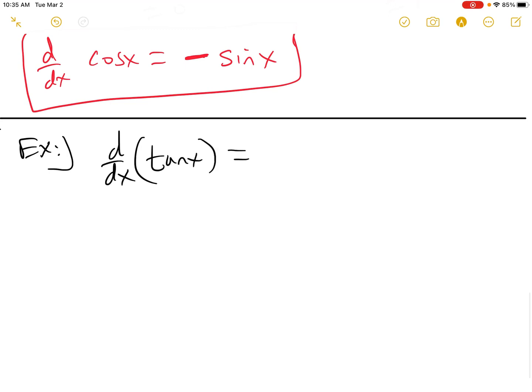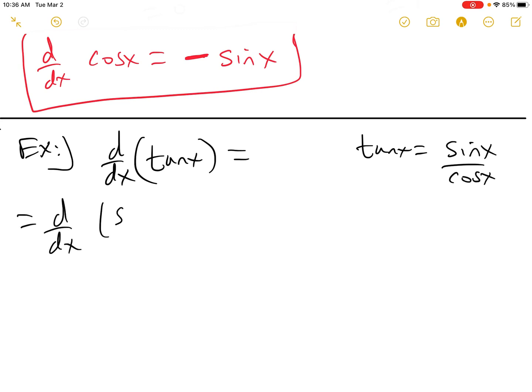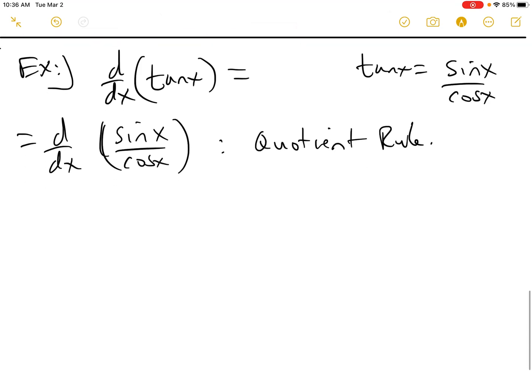Okay. Well, remember, tan x is sine x over cosine x. So this is going to be the derivative of sine x over cosine x. Now we use the quotient rule. Right?